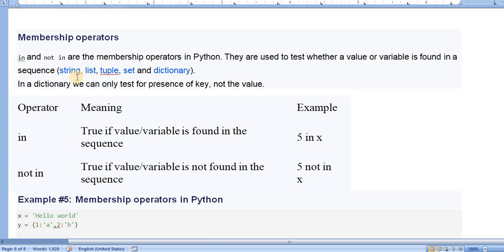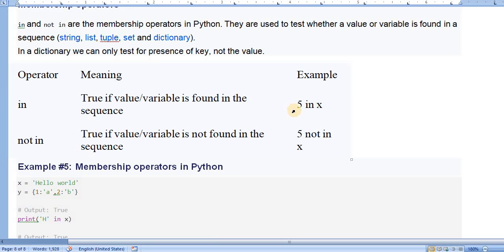These are separate lessons and we will learn these sequences in different lessons. In a dictionary we can only test the presence of a key, not the value. So in the in operator, 5 in x, x should be a sequence. And 5 not in x, x should be a sequence.